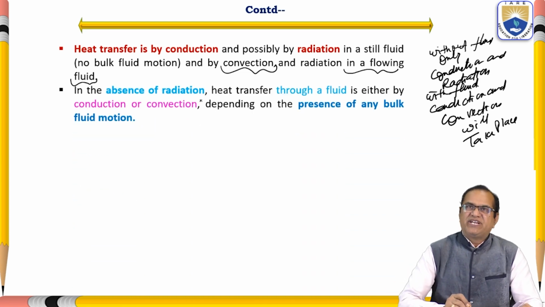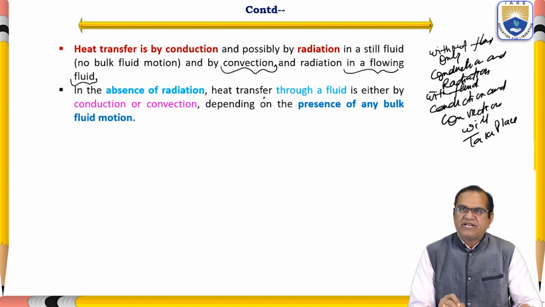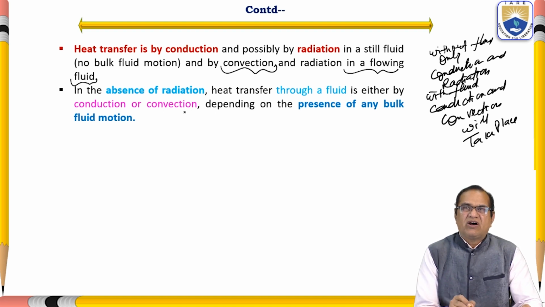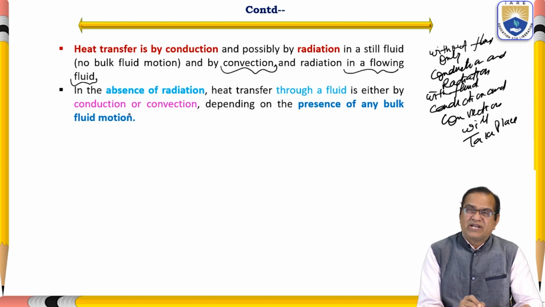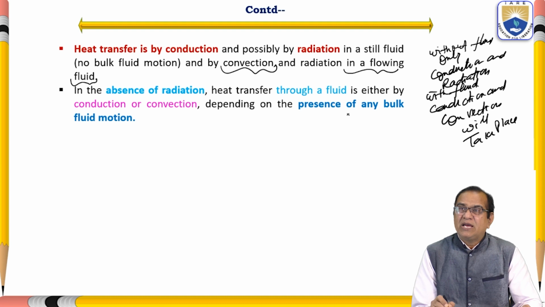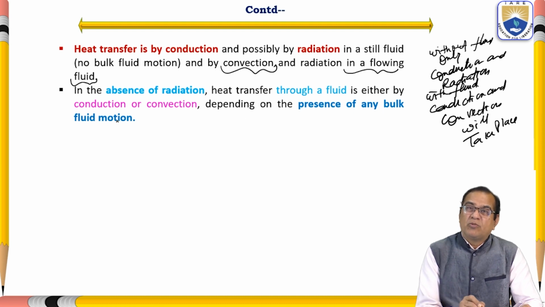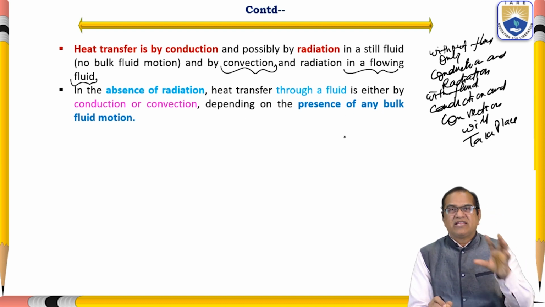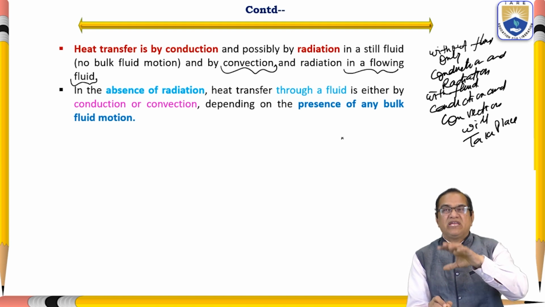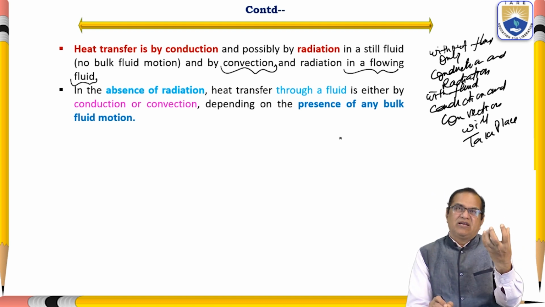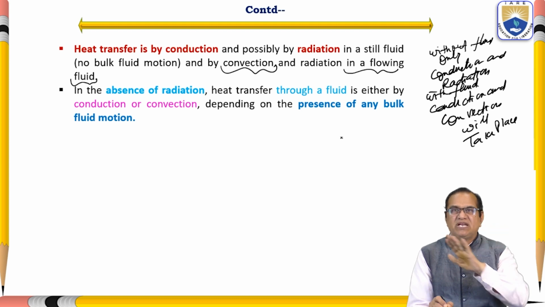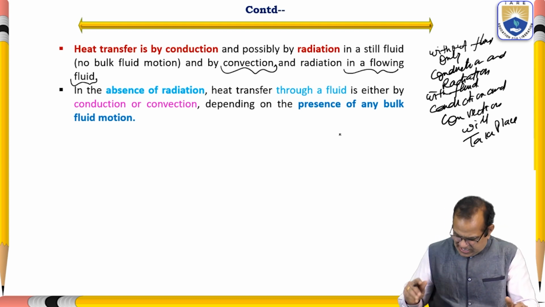In the absence of radiation, heat transfer through a fluid is either by conduction or convection, depending on the presence of any bulk fluid motion. If bulk fluid is there, then conduction and convection will be there. If bulk fluid is not there, only the material is available, a hot material, then only conduction will take place.